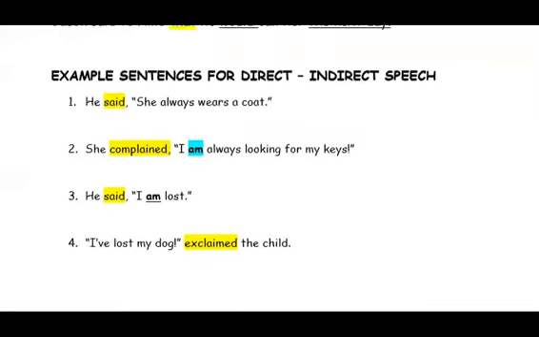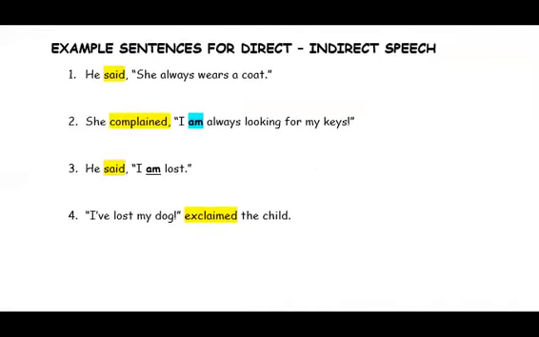Let's do a few examples so that you guys can really get to understand this better. The first one: he said she always wears a coat. So the first rule you need to ask yourself is, what is the tense of the sentence? When I'm changing the direct speech to indirect speech, how do I identify the tense? I identify it by looking at my introductory verb, which in this sentence is said.